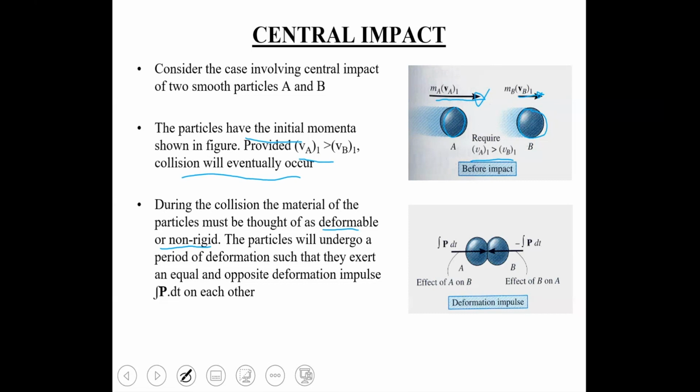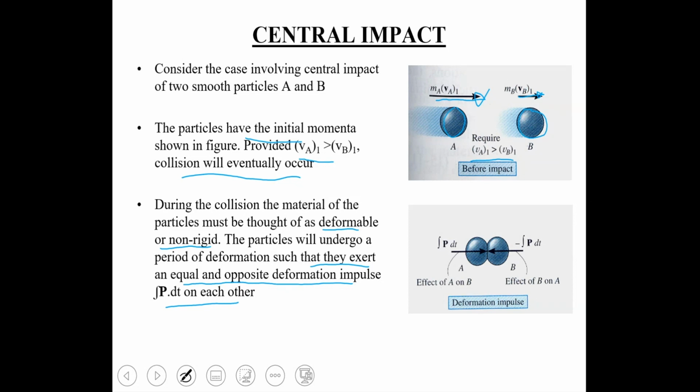So the particles first of all will undergo a period of deformation such that they exert an equal and opposite deformation impulse on each other along the line of impact. सबसे पहले क्या होगा? When the collision starts, each particle will exert an equal and opposite deformation impulse on the other particle along the line of impact.